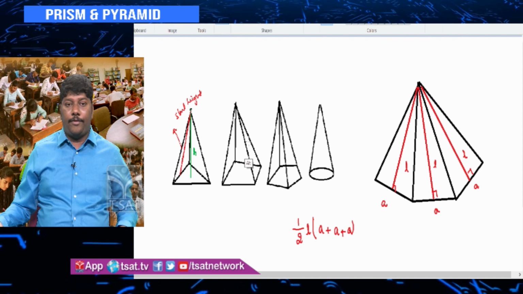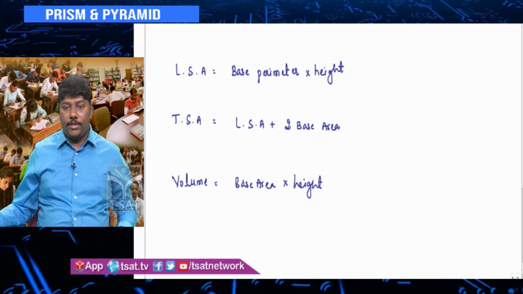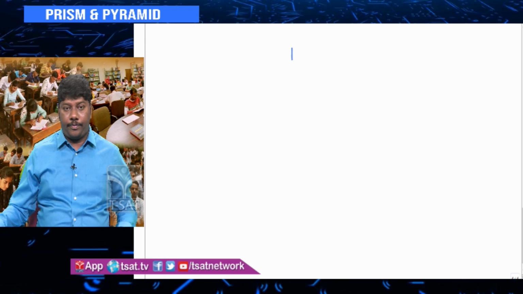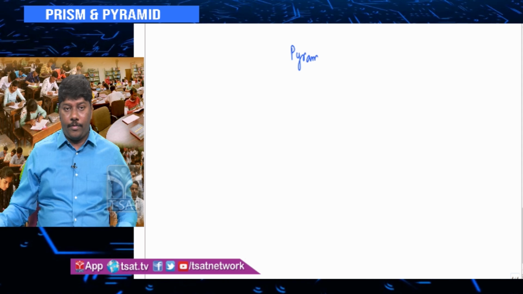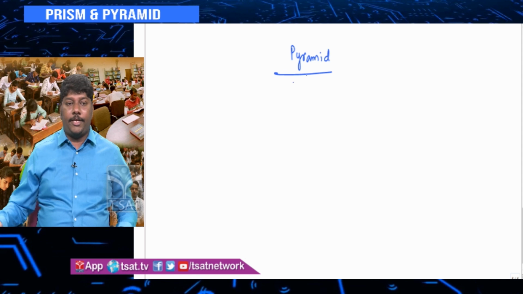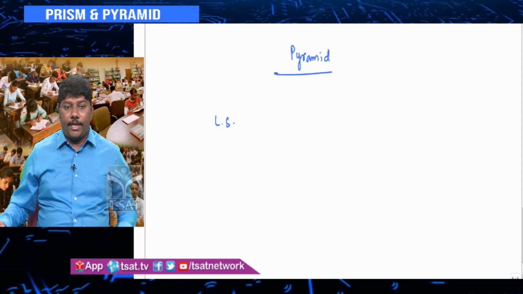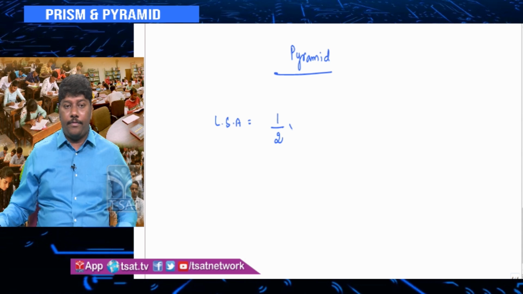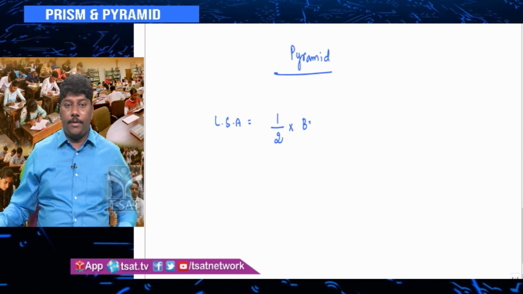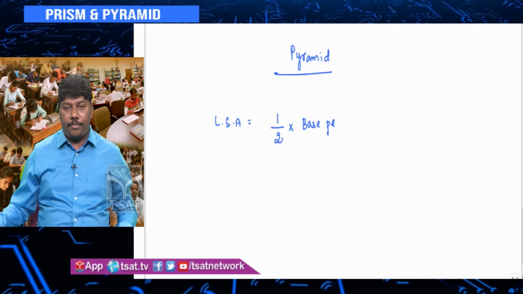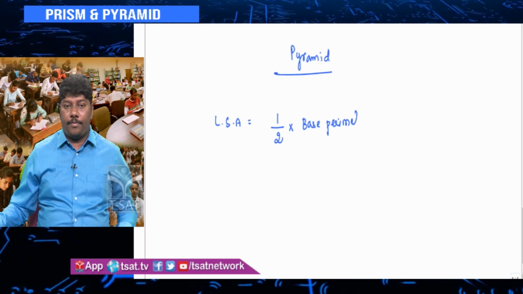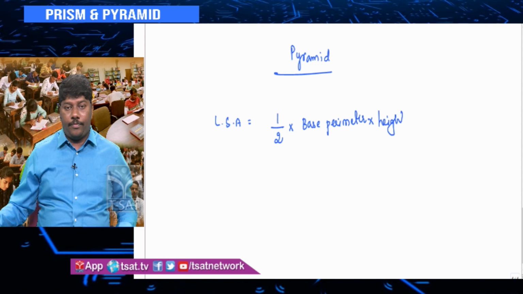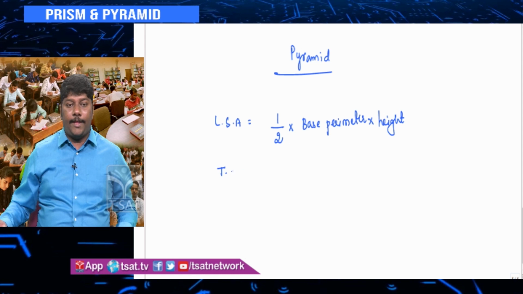So, let us look at the formulas. These are the formulas of the prism. Now, look at the pyramid. We have already seen the explanation. So, the lateral surface area is, as you know, half of base perimeter into height. How do I find out the total surface area?